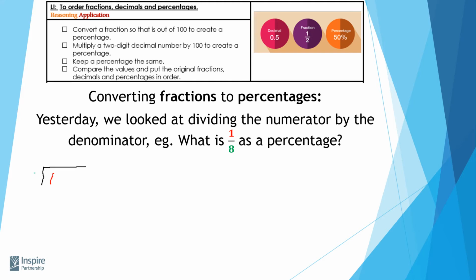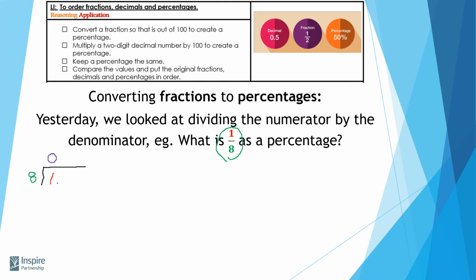Our denominator was outside the bus stop, because effectively what we've got here on this fraction is 1 divided by 8, which is what we're showing over on this side here. So 1 divided by 8, well, let's have a look. How many times does 8 go into 1? Well, it doesn't, because it's too big.